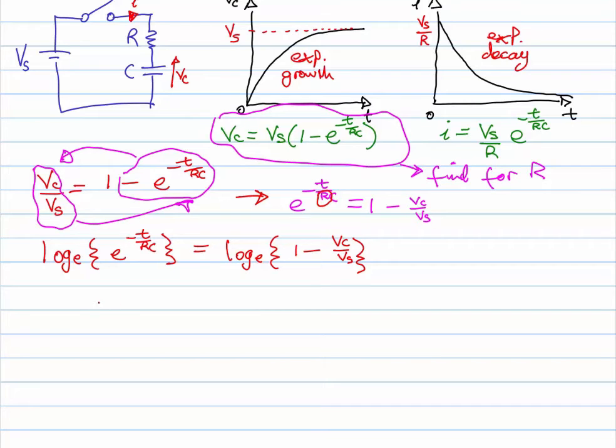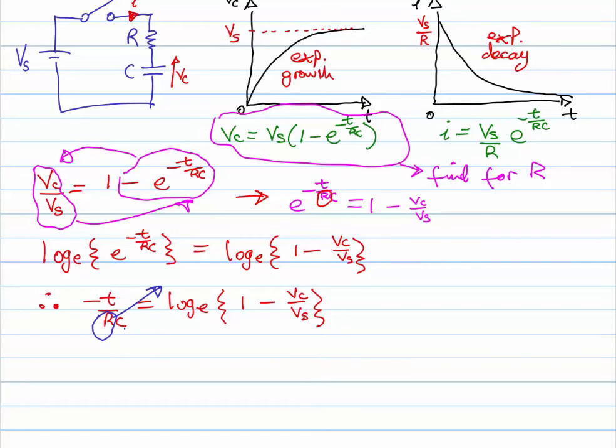So we're going to have, therefore, minus t over RC equals log the base e of 1 minus Vc over Vs. And again, let me just highlight and choose blue to remind ourselves we're trying to isolate R. So it might be a good idea to move the R term on a diagonal.